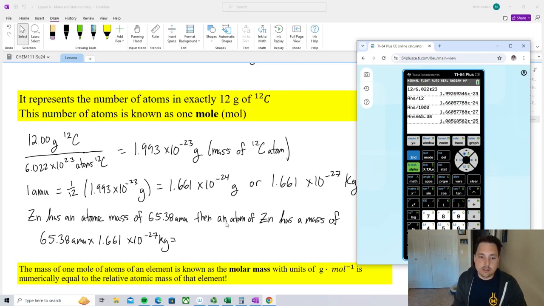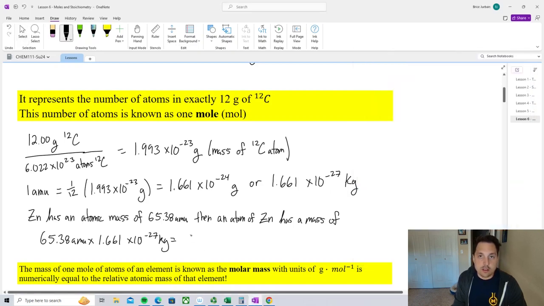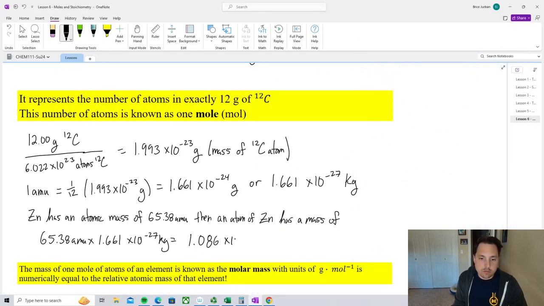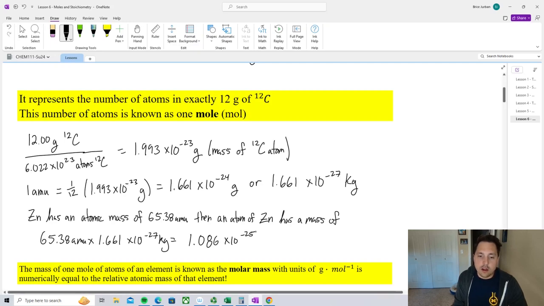Okay, so the mass of a zinc atom is 1.086 times 10 to the negative 25th kilograms. And to say this more correctly, this would be an average isotope of zinc, because there's a variety of different zinc isotopes. So this would be an average atomic mass.